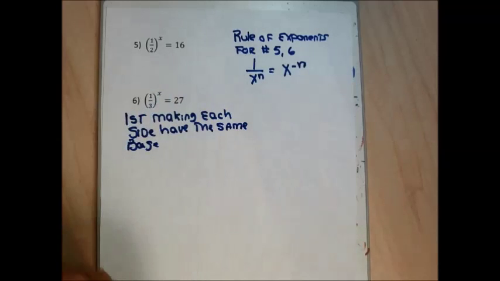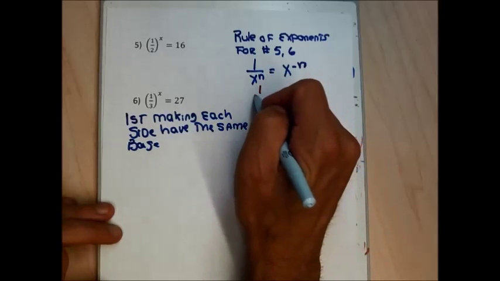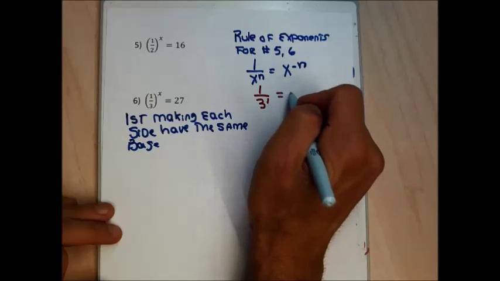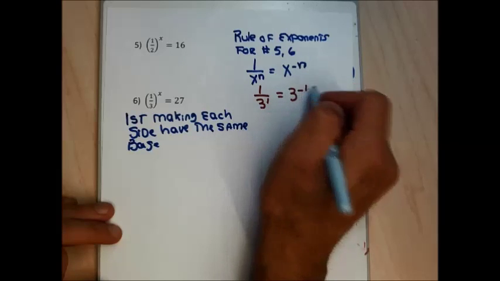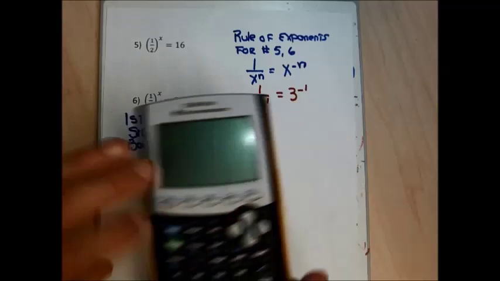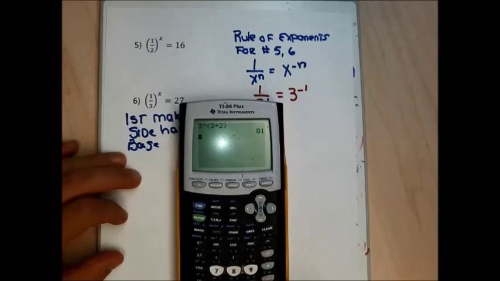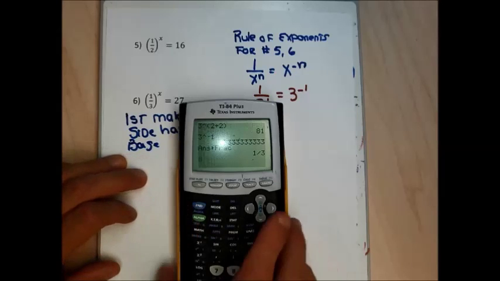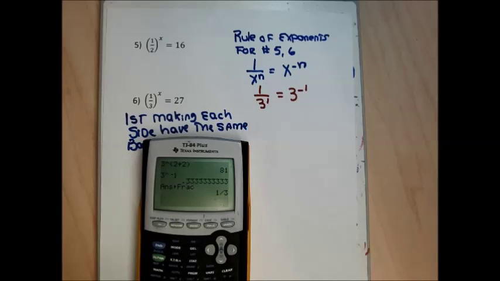And for my problem 6, the inside of the parentheses is really 1 over 3 to the first power, and I can rewrite that as 3 to the negative 1 power using this rule. 3 to the negative 1 power is equal to 1/3. In fact, if on my calculator I type 3 up arrow negative 1 power and then hit math and enter twice, I see that 3 to the negative 1 power is 1/3.